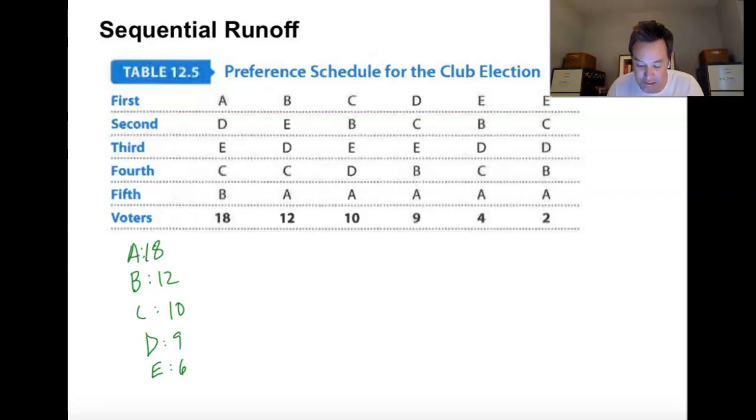So E is in last place. So they're getting eliminated, meaning we're going to have to redistribute their votes. So what you want to do is go through your preference schedule. You're going to get rid of all the E's. And then everything below that E will shift up in preference.